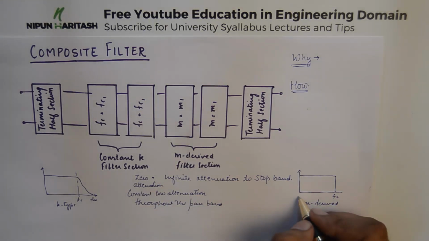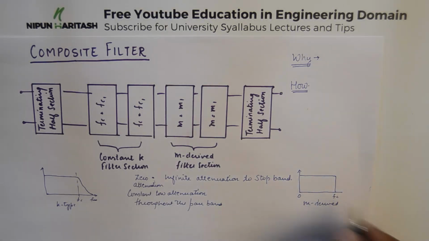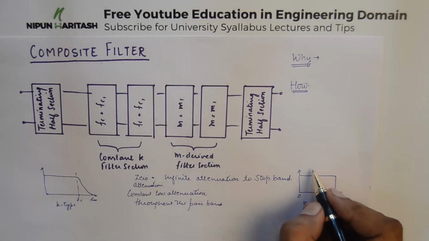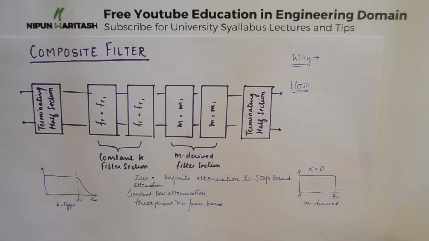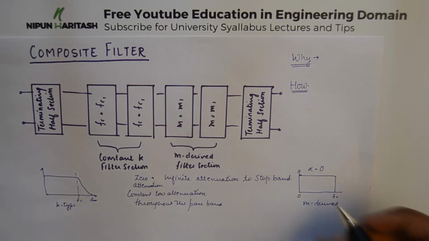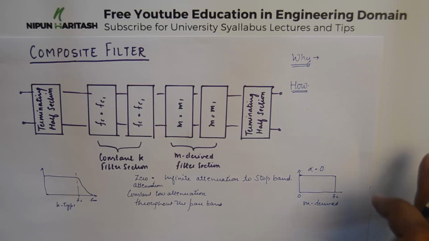Now please understand, from 0 to FC this bandwidth is pretty large. So within this bandwidth we ideally want our attenuation to be 0. We do not want the signal to degrade at any point in time. We want all the signal to get passed through from 0 to FC.